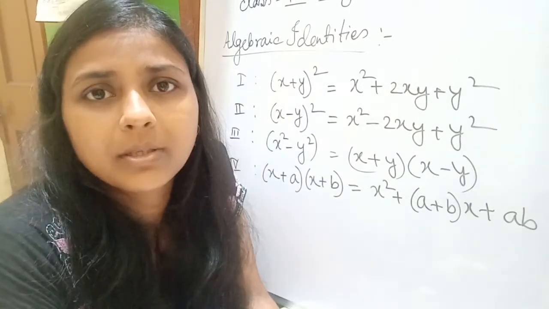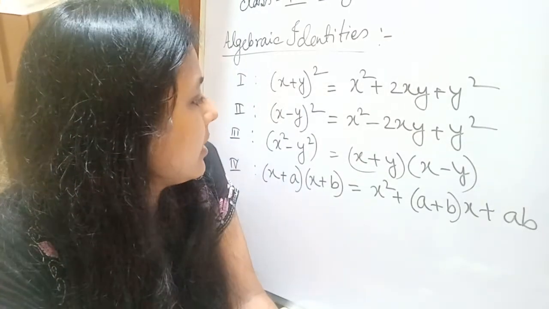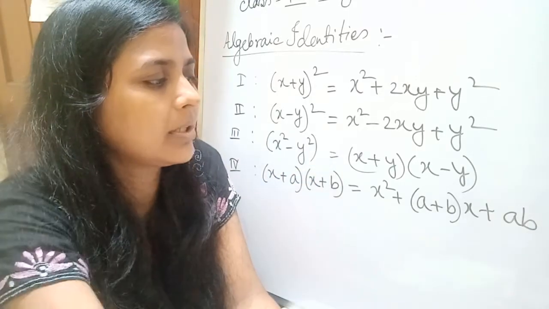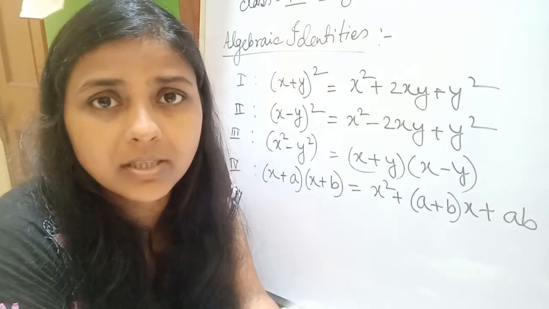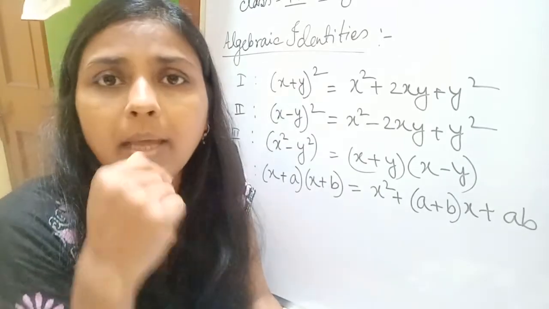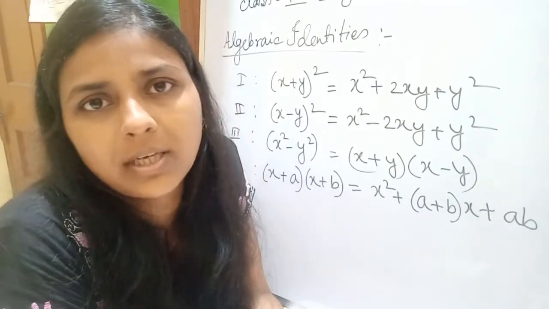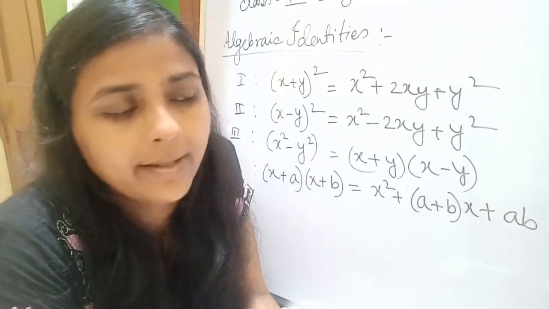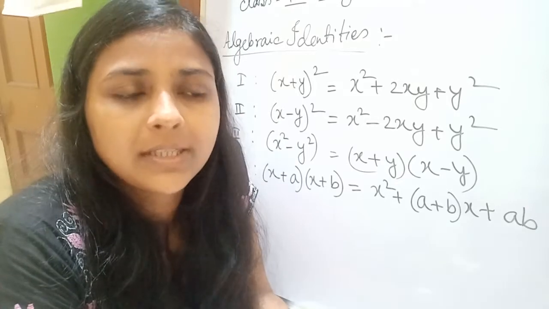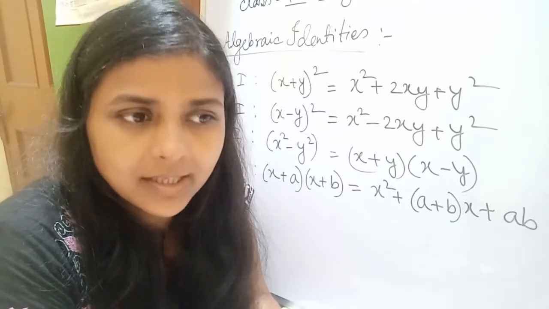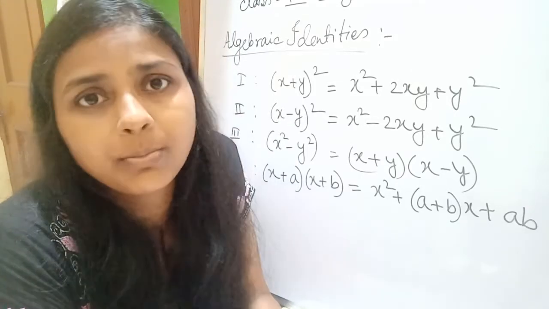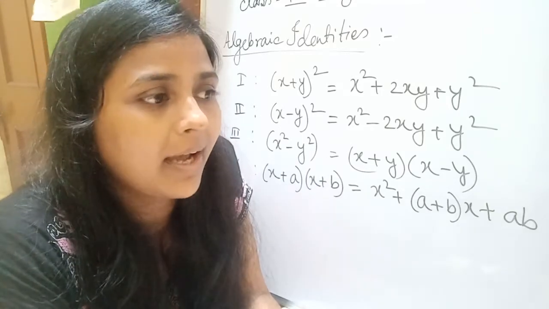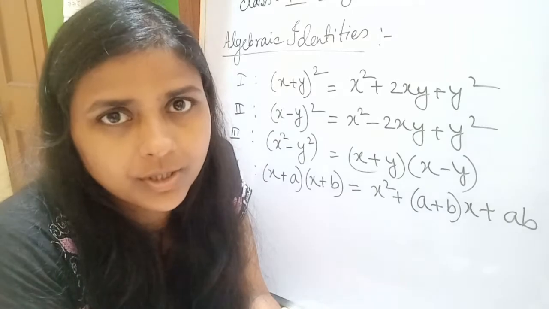Now there are another 3 identities. Previously in your syllabus there were 8 algebraic identities, but just 2-3 days ago the CBSE board declared its new syllabus, and they have deleted some portions.